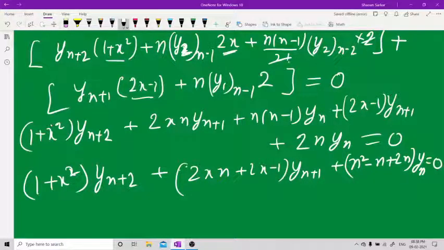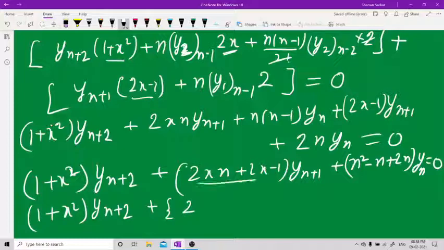Fine. Now (1 + x²) y(n+2) plus, you take 2 common, and from this x also you take common, you write (n + 1) − 1, y(n+1).